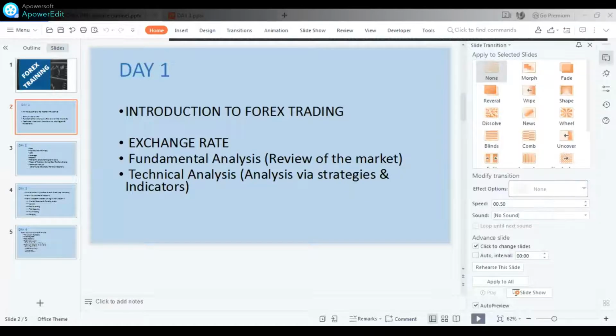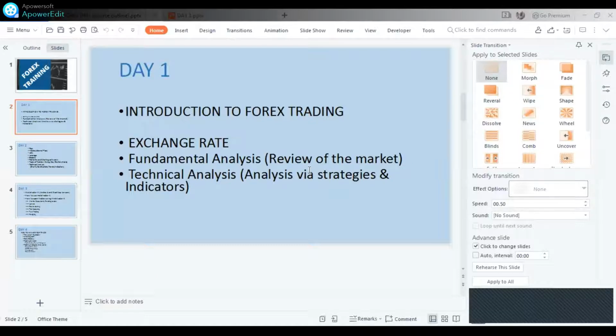Now, let's go over to my scheme of work. Right here on my scheme of work, for day one, which is today, I'll be looking into the introduction to Forex trading. I'll look into exchange rates. Then I'll dive into fundamental analysis.